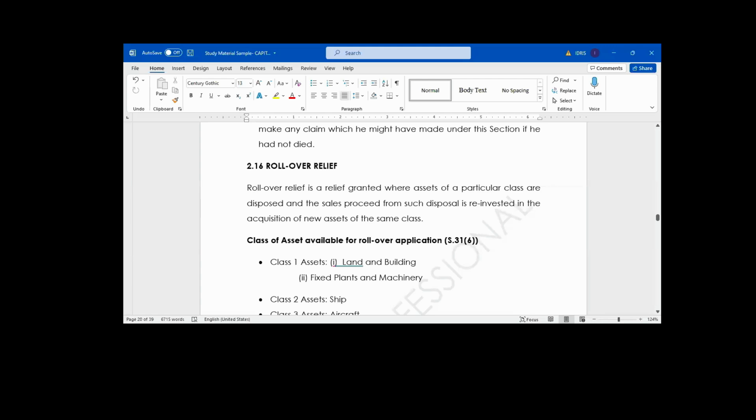When you make a gain from the sale of the old building, you will not pay capital gain tax on it until you sell the new building. That means you defer the capital gain tax to a future period when you sell the new asset, because you have reinvested the sales proceeds from the old asset in the purchase of a new asset of the same class.